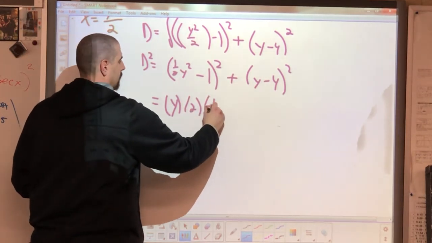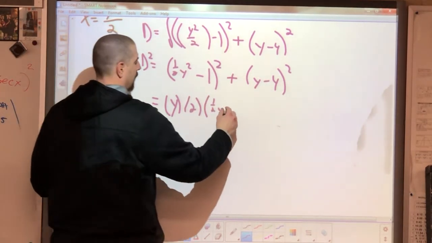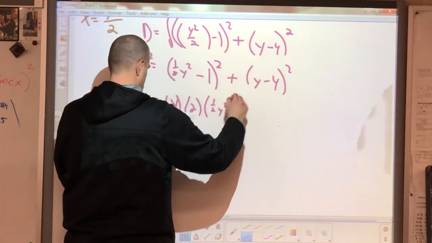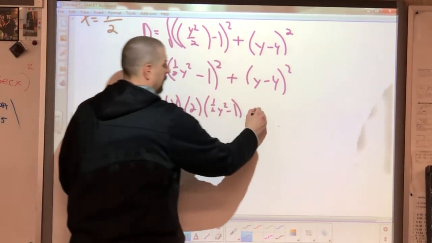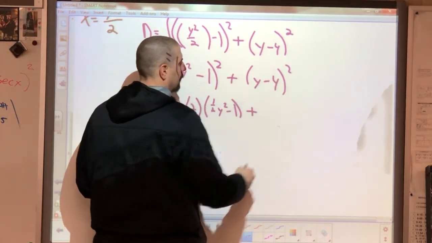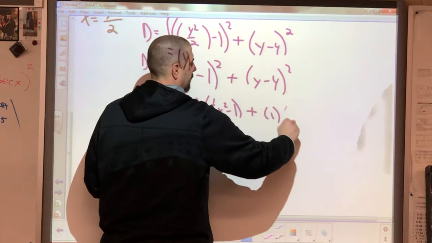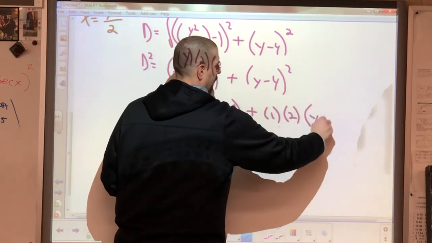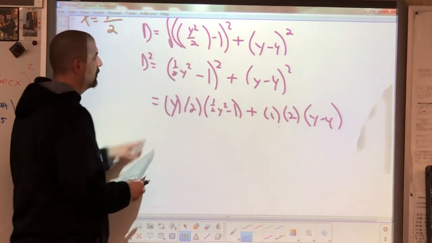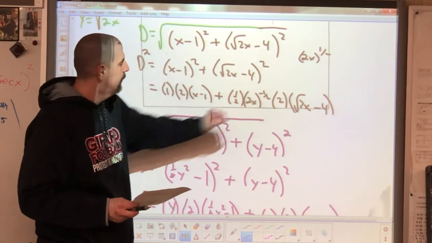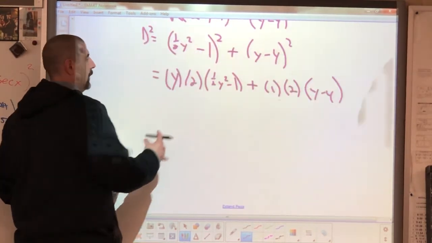Rewrite the inside, 1/2 y squared minus 1 to the first power, plus, again, here, the derivative of the inside is 1, and you're going to get 2 times y minus 4. Much easier to simplify. Notice we don't have square roots, we don't have negative powers.